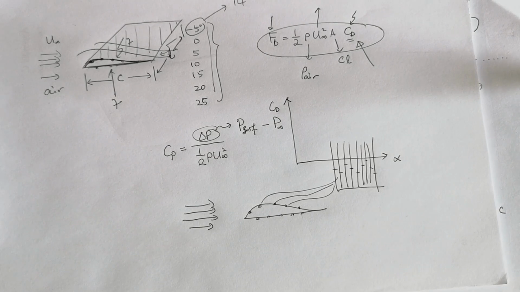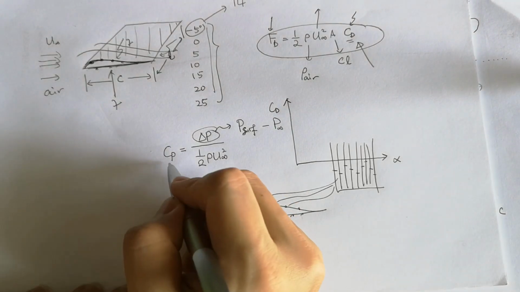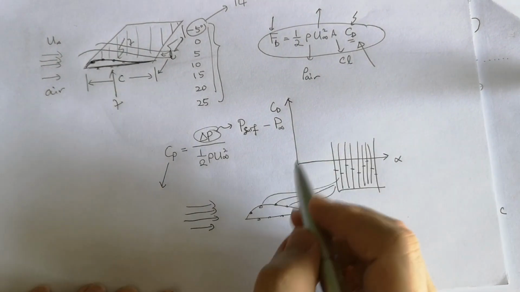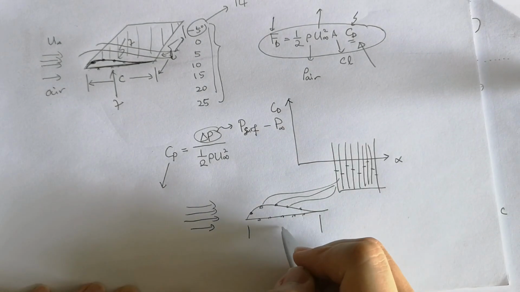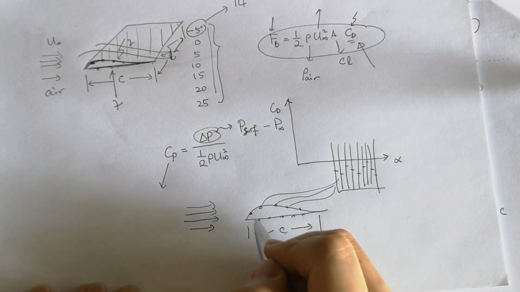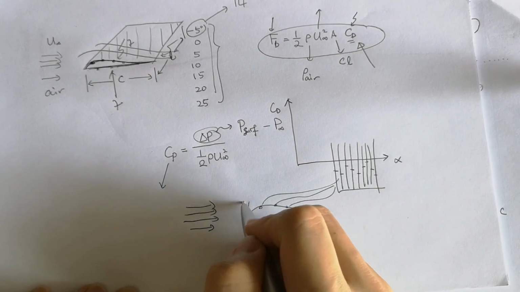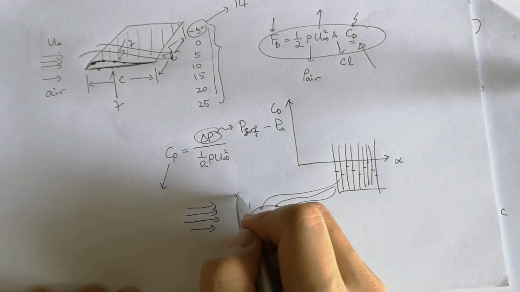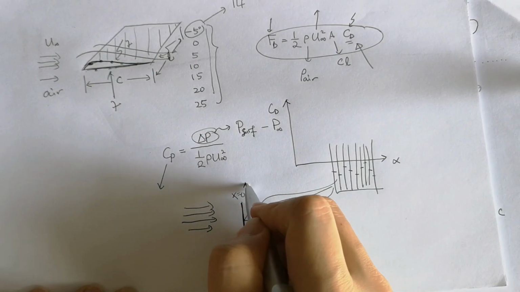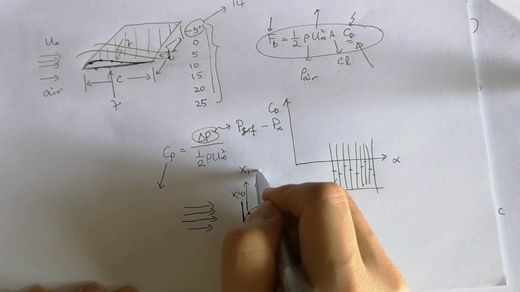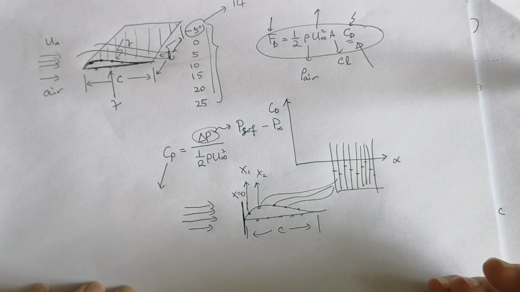After this, you are required to plot CP against the chord length. Of course, every single point here is measured from the starting point, where the starting point is x equal to 0. So at this point, you will have x1, x2, and so on.